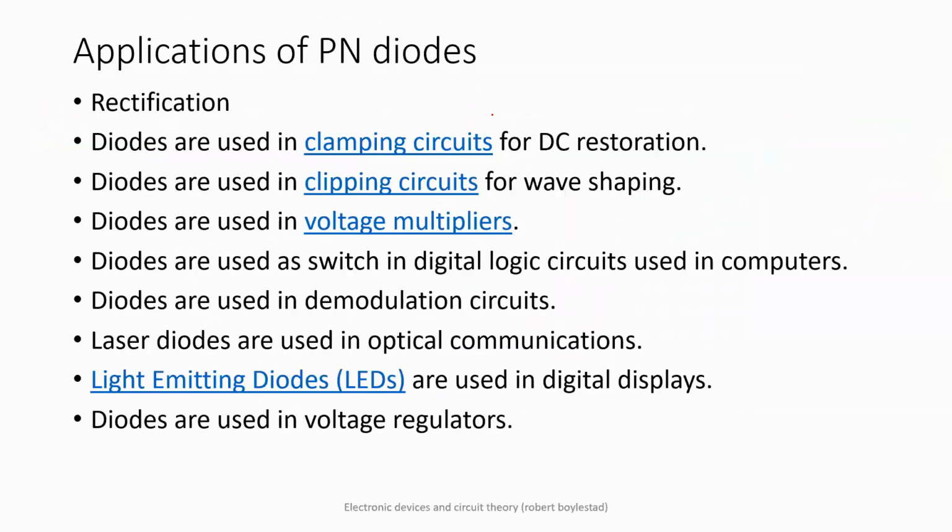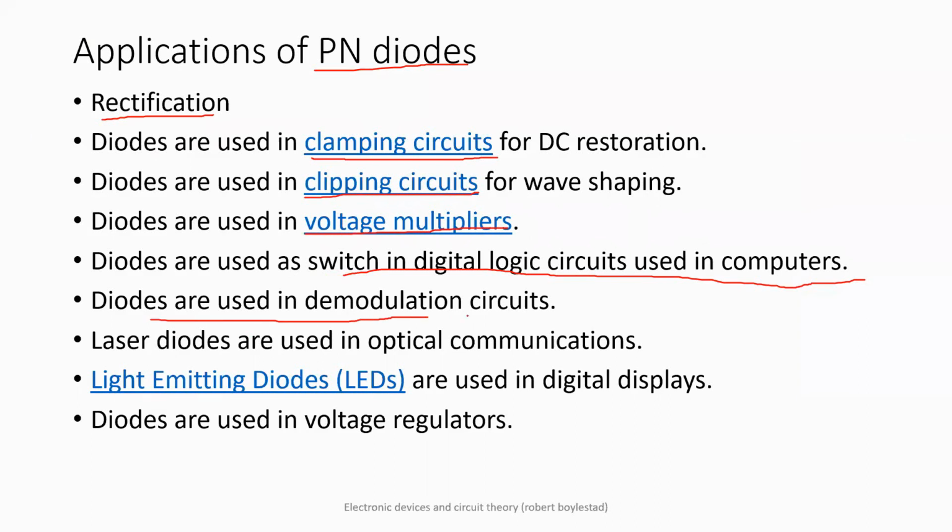So there are certain applications of PN diodes. You should know for what purposes your PN diodes can be used. They can be used as rectification. They can be used in clamping circuits. They can be used in clipping circuits. Diodes are used in voltage multipliers. Diodes are used as switch in digital logic circuits in computers.